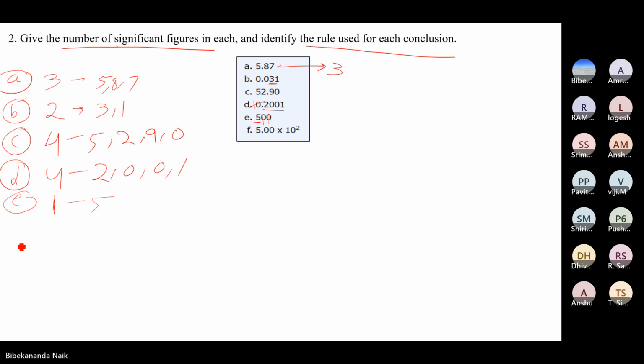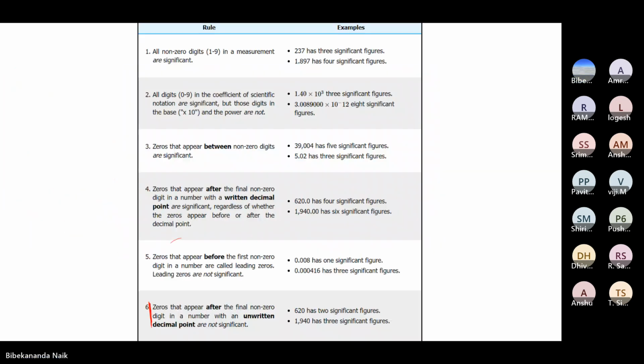And in F, it is 5.00 times 10 to the power 2. Now there is a rule. It is given that if it is written in scientific format, like rule number 2 says, all digits in the coefficient of scientific notation are significant, but those digits in the base and the power are not significant.